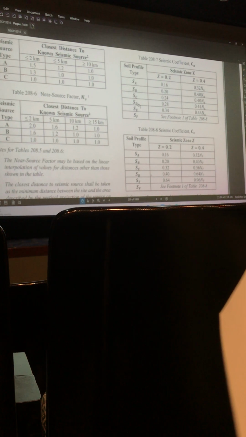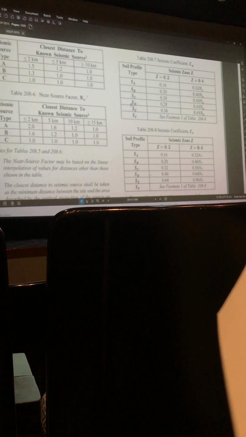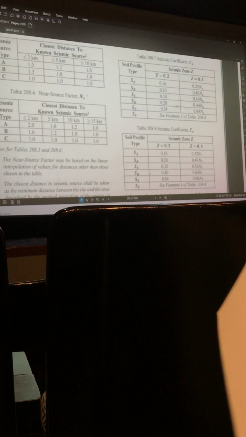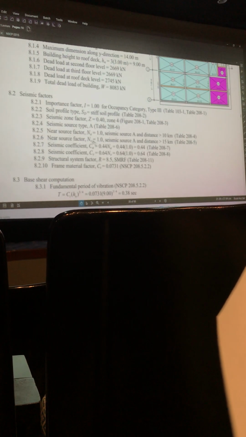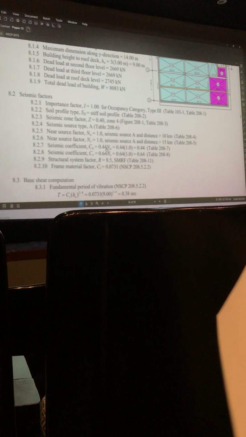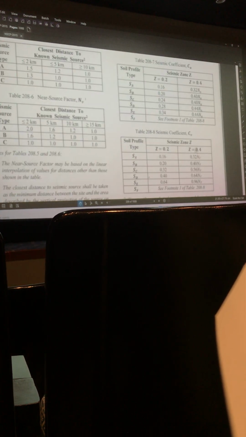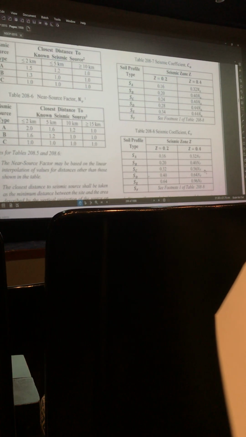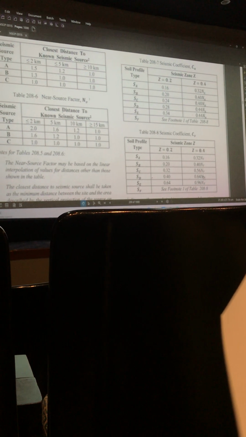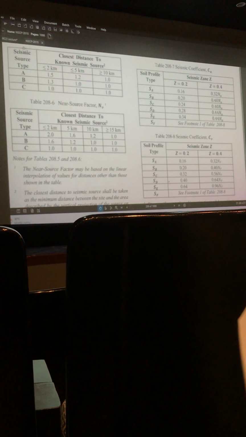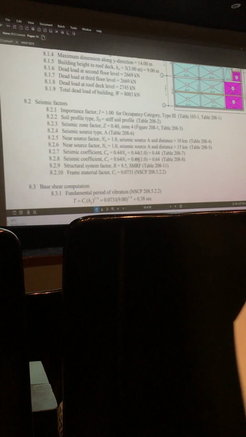Kanang unsay atong soil profile SD unya zone 4, so that is 0.44 of NA. Then for CV, so zone 4, then SD, so 0.64 NV. So that is the value that we used here.